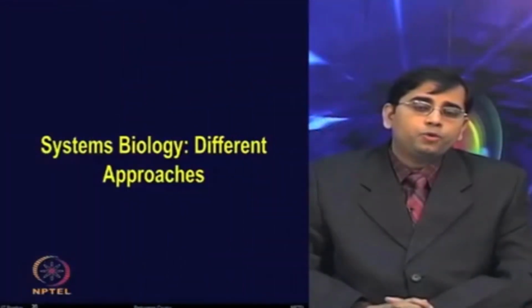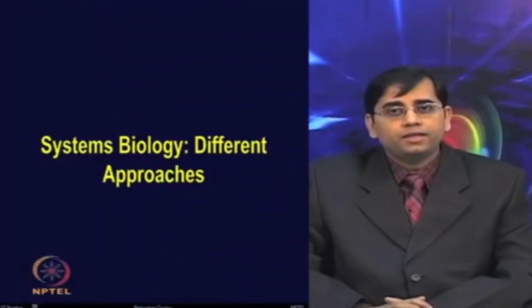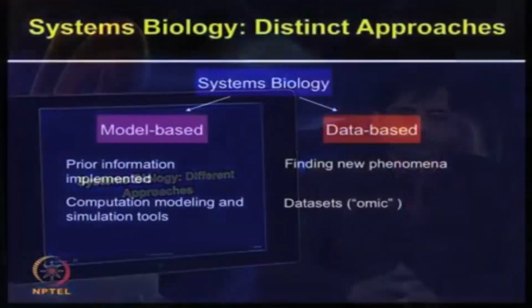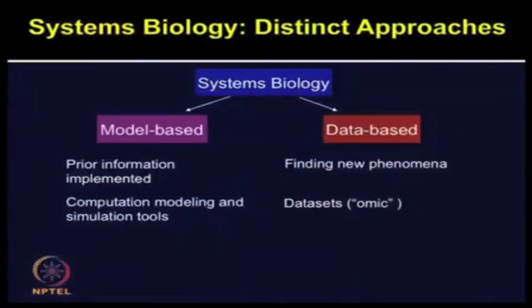So, what different approaches have been taken to study systems biology? The distinct approaches of systems biology include model based and data based methods. The model based approach involves some prior information which can be implemented in the models, whereas in the data based approach the objective is to find new phenomena.